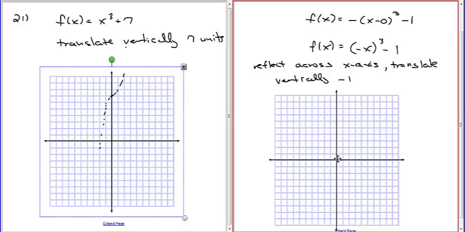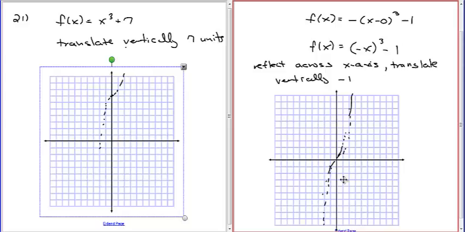So I'm going to start at 0. So we go up 1, over 1, up 1, over 2, up 8, left 1, we go down 8. So that's what it looks like. It's pretty skinny, depending upon the scale that we use.